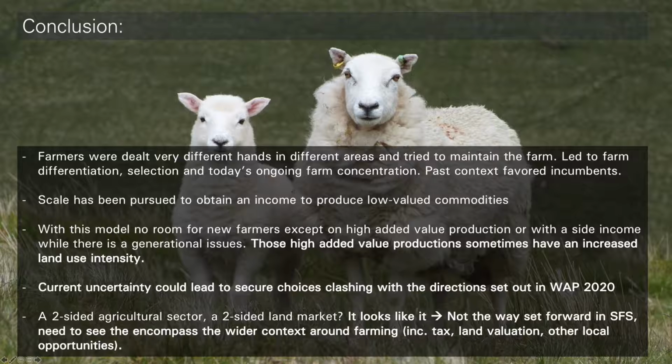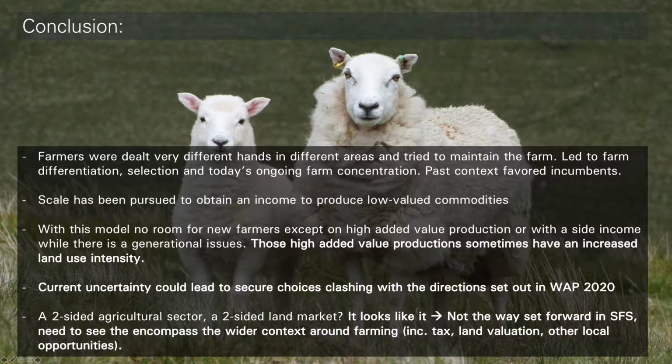In this model, there is little room for new entrants, except on a relatively low number of productions that do not necessarily fit within the goals of the White Paper from 2020 published by the Welsh government. There's a lot of current uncertainty that could lead to choices that will clash with the directions set out by this document.